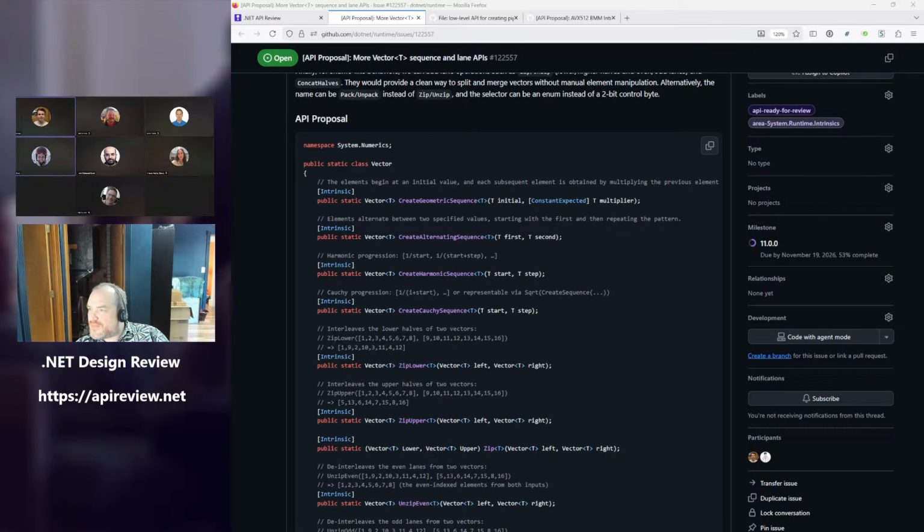Okay. That's what I would hope. In general, constant expected for us isn't a you have to pass it in or this fails. It's a you should pass this in if you want perf. If you don't pass a constant in, it's on you if it's slow. Makes sense.